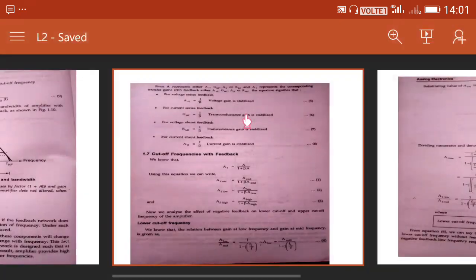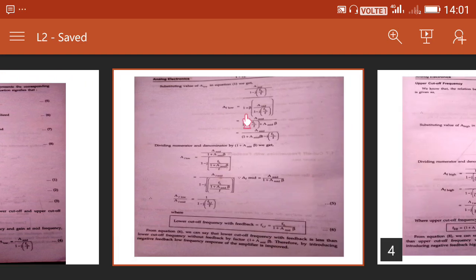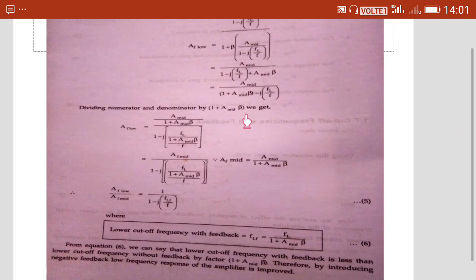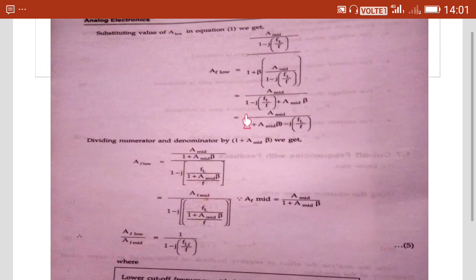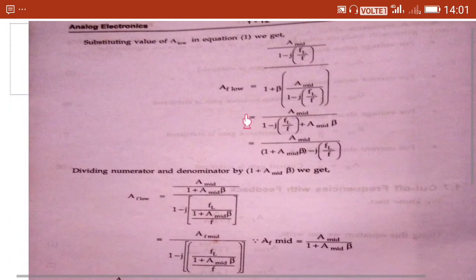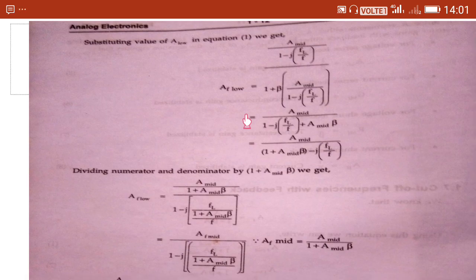Now substituting the value of A low in equation 1, we get this expression.